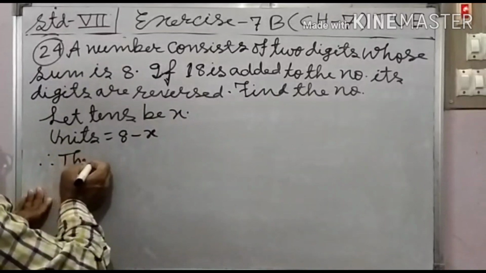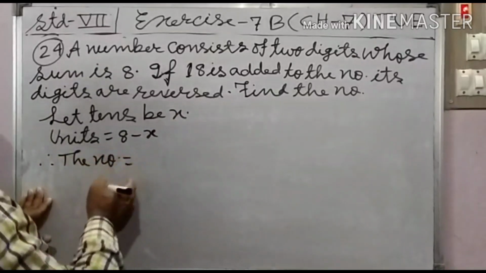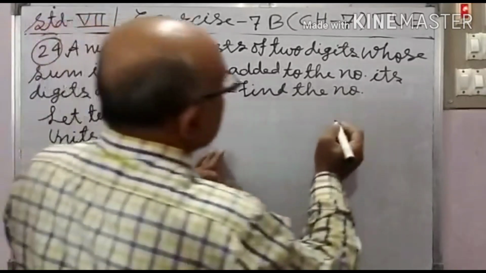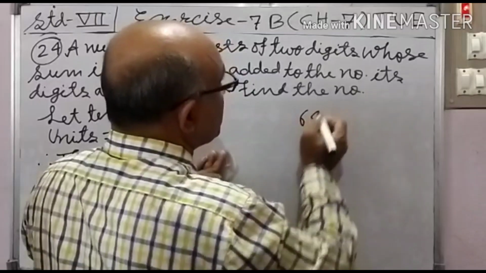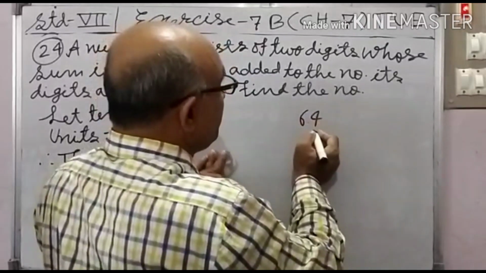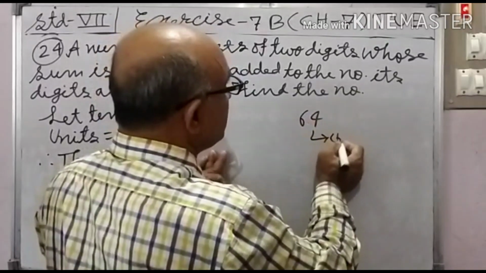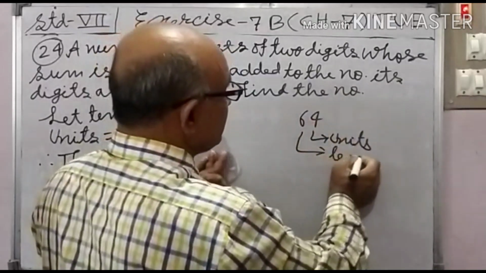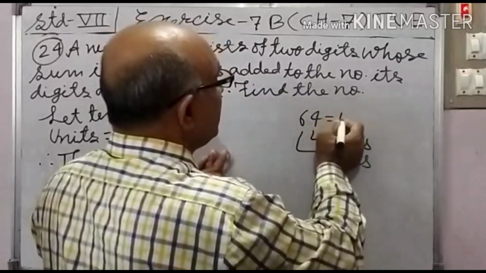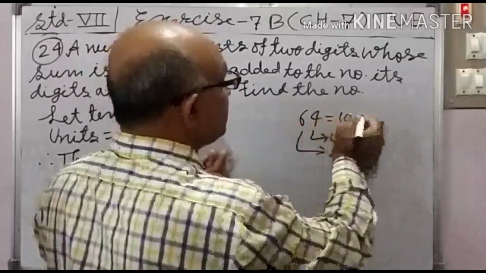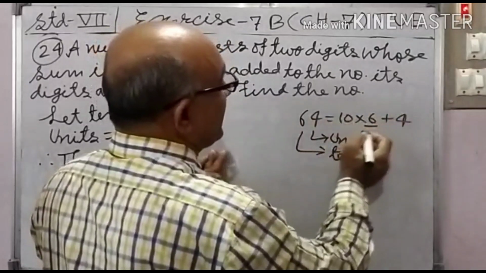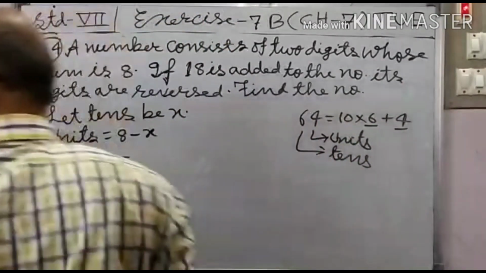Therefore, the number means a 2 digit number, such as 64. In 64, 4 is units and 6 is tens. So it means 10 into 6 plus 4, that is 10 into tens plus units.